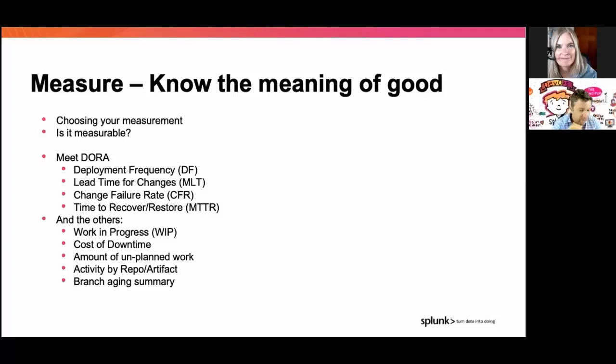So there is this thing out there called the DORA metrics, and Tracy mentioned this. DORA was a research institute that was at some point acquired by Google and releases the amazing annual report on DevOps. And as a result of all their research, they came up with 4 key metrics around measuring your delivery chain. It's great. It comes up in conversations a lot.